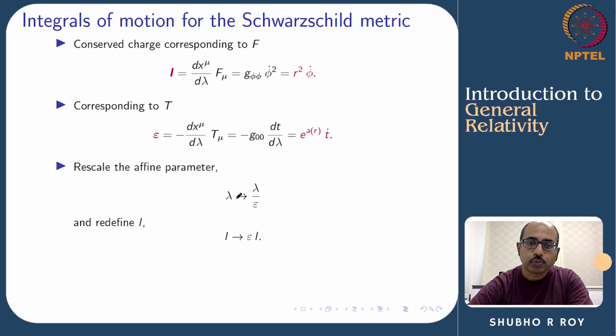And in fact, what we will do is we will rescale the affine parameter such that one of the charges will become 1. In particular, epsilon will be removed from our expression because it will scale to 1.